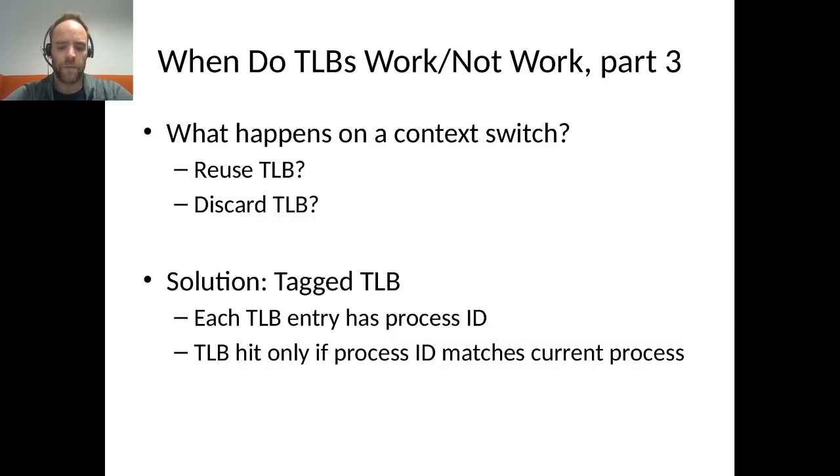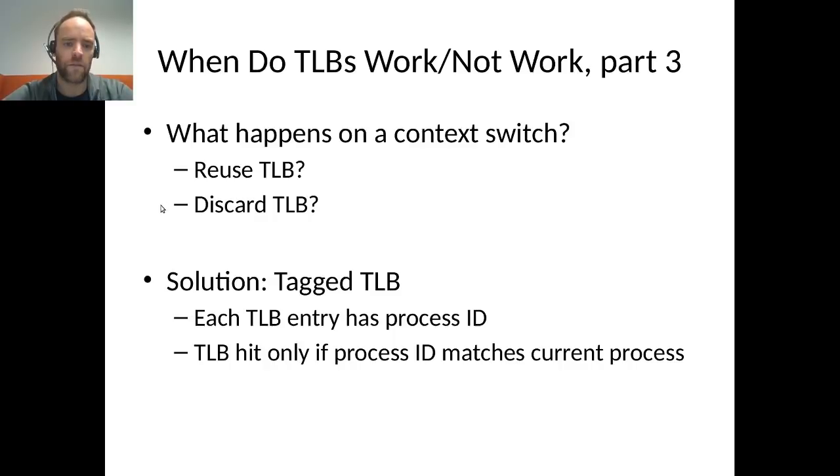And if we were to swap that process for another one and not flush, so not discard the TLB, that would mean that the new process would have access to some of these memory mappings. And so we could figure out some information about a process or a memory space that isn't ours, that we shouldn't actually be figuring out.